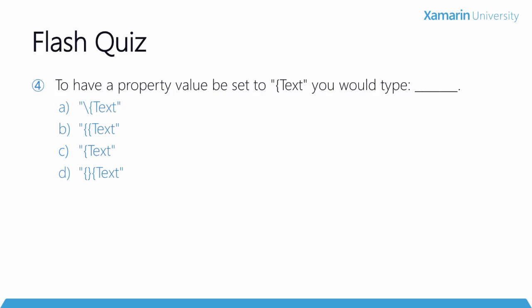Question 4. To have a property value be set to curly brace text, you would type which of these? There we would have to escape the curly brace, so we would do open curly brace, close curly brace, and then whatever string we wanted to display.